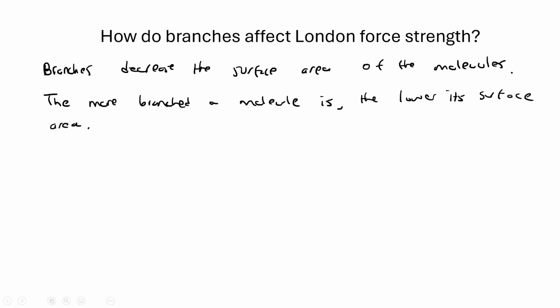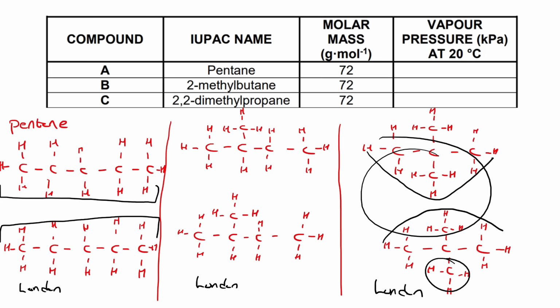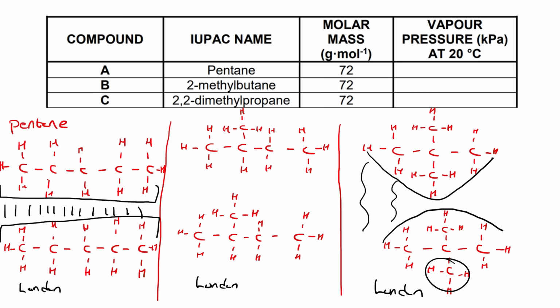When you have less surface area available, there are fewer areas where the London forces can act. In this one here, there are lots of areas where the London forces can act. Whereas over here, it's a little bit more difficult; there's not as many.